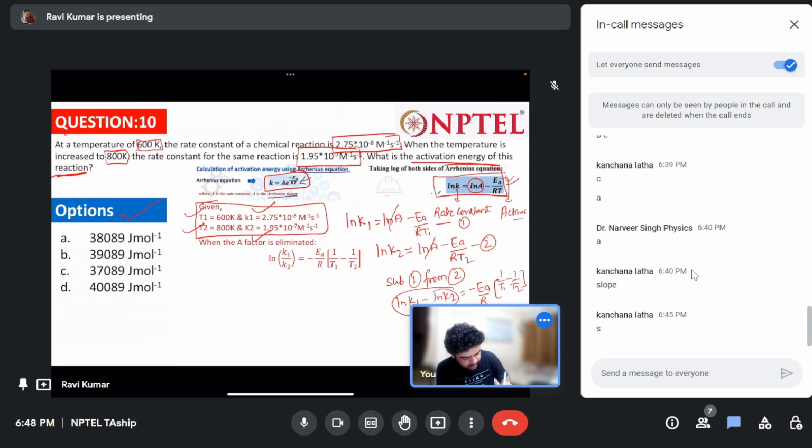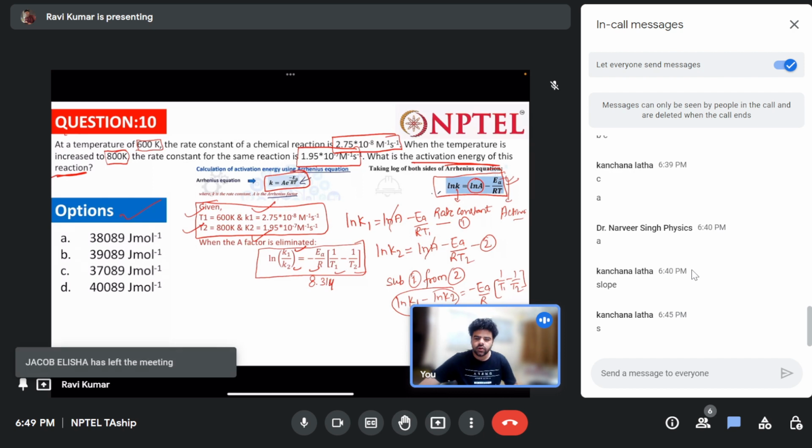So you get this equation, and here just need to put these values K1, K2, T1, T2. R write 8.314. Now calculate it. K1, K2 you know already, T1, T2 are given here, R is already given, 8.314. Just need to calculate activation energy.